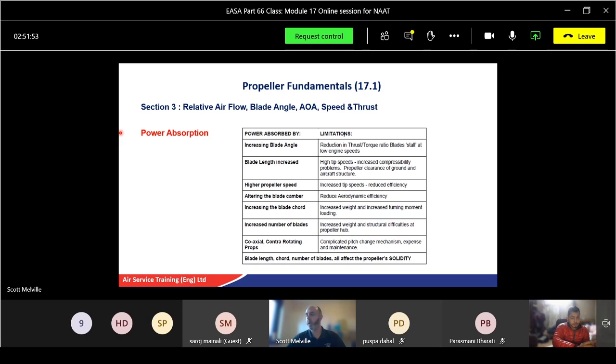Okay, we'll just get going with the rest of the catch-up. So we finished off just before lunchtime with power absorption.